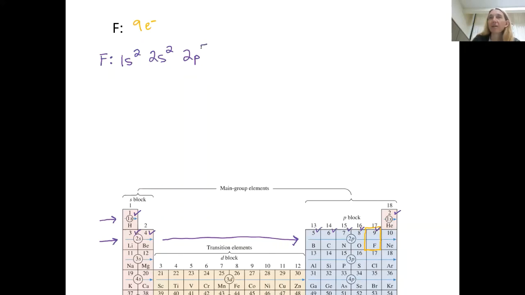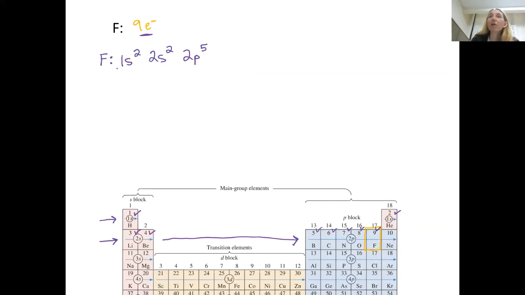So this is 2p5, because as soon as you get to your element, you stop. If you look, I have 2 electrons plus 2 electrons is 4 electrons plus 5 electrons is 9 electrons, right? So this is my electron configuration for fluorine. It tells me exactly where my electrons are at in that orbital.